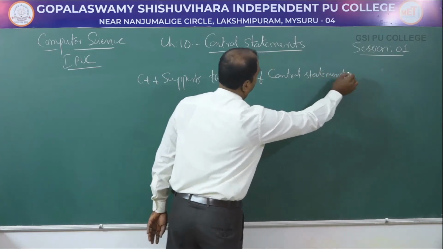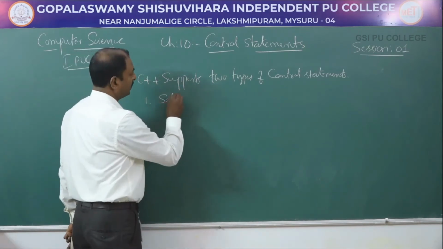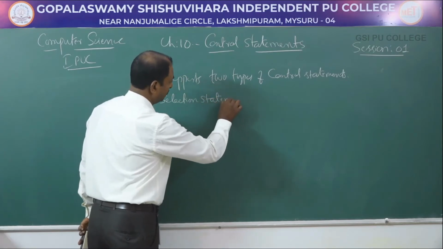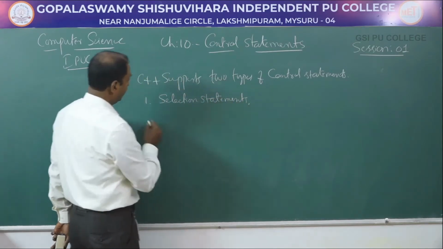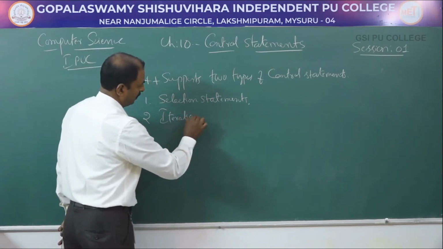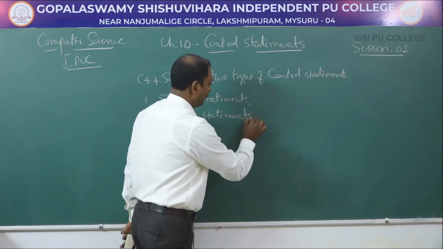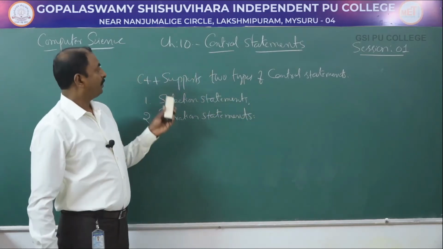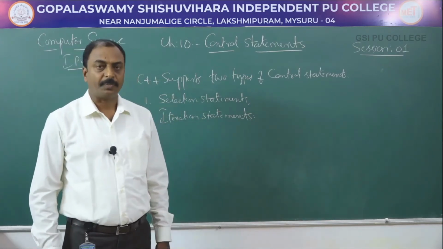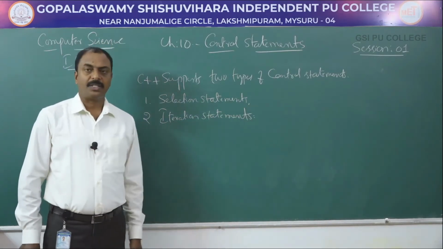And they are, one is selection statements, and second one is iteration statements. And here the C++ language supports two types of control statements. They are selection statements and iteration statements.